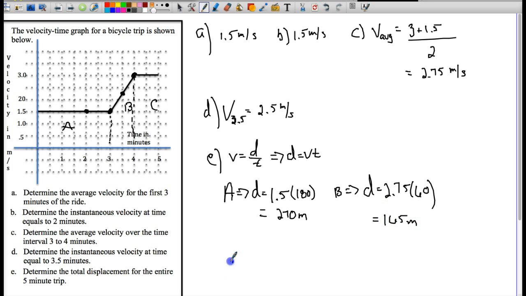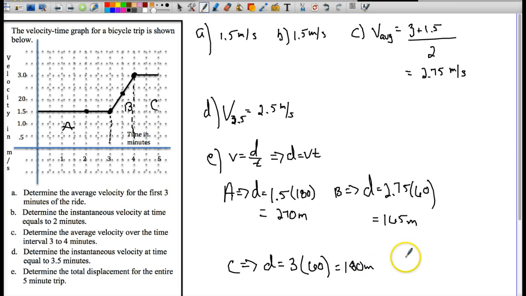And lastly, for section C, we get D is equal to, let's see, section C lines up with 3 meters per second, so that's going to be our average for that last time interval. So we get 3 times 60, that gives us 180.